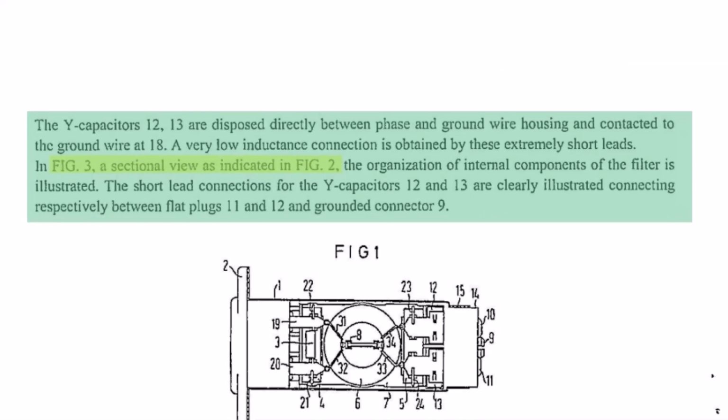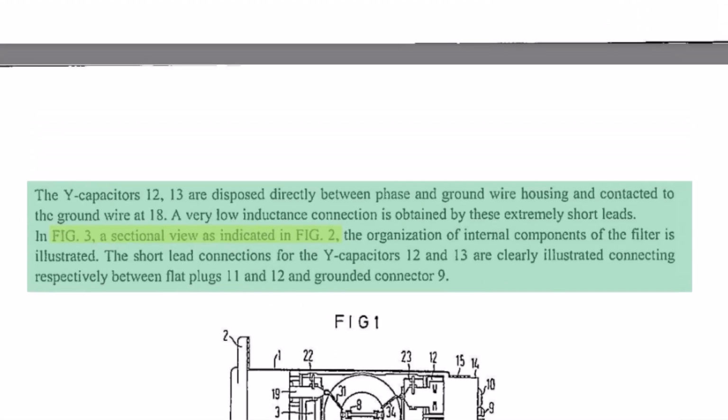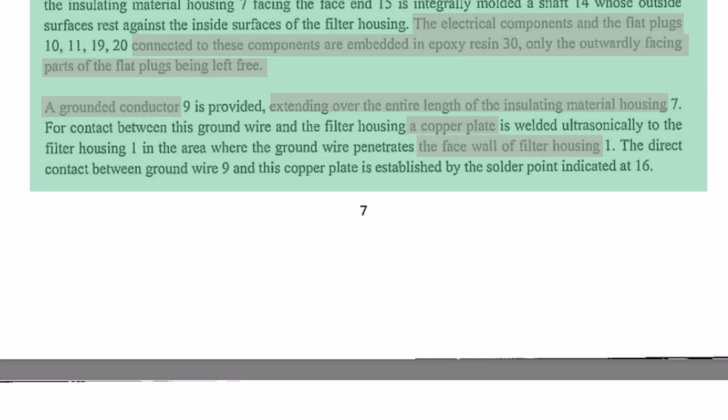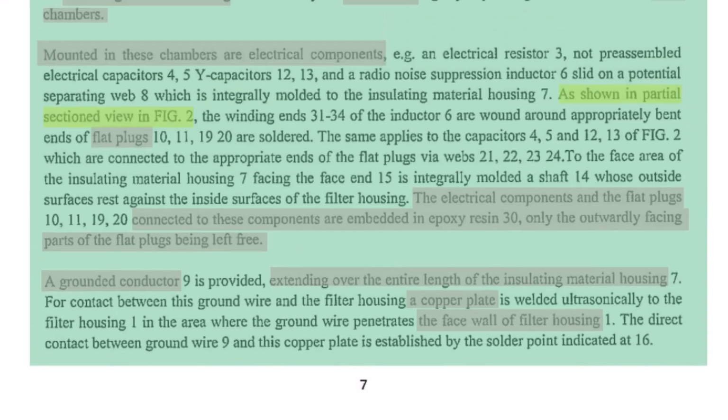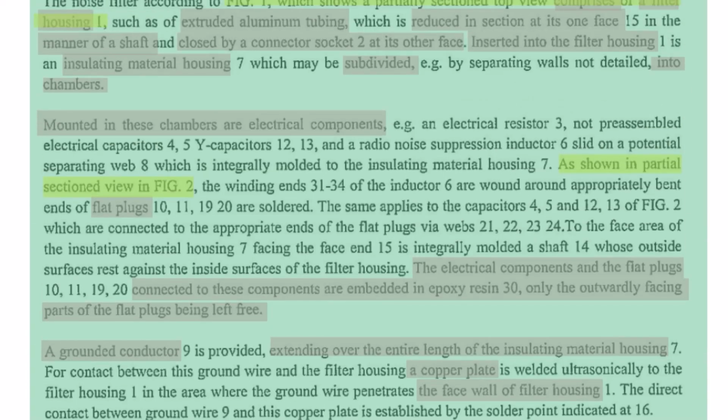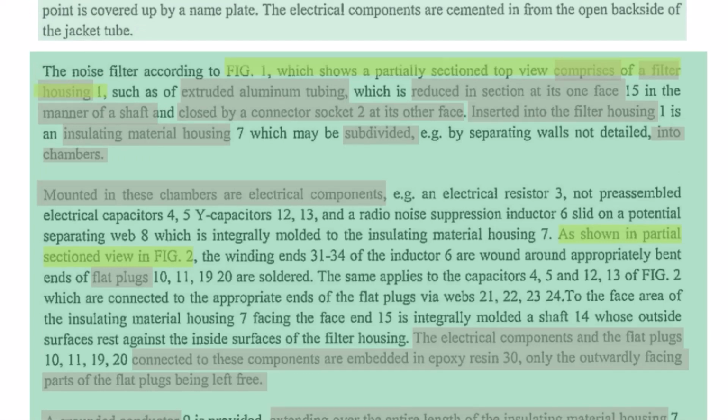Moving on to the claims part. Now we don't have the summary section with us, but we have already worked on the summary, right? So we can use the information from that summary to build our claim. Now our invention is about a noise filter, which has improved shielding against the electrical and magnetic interferences that happen.